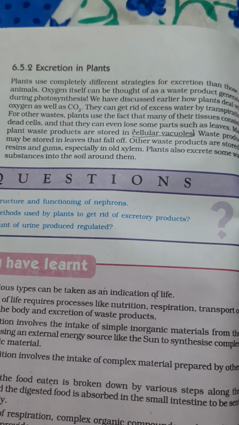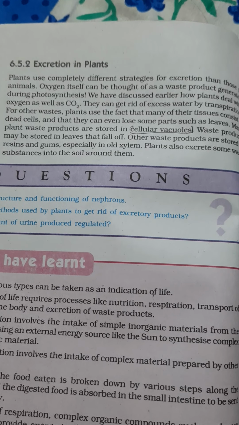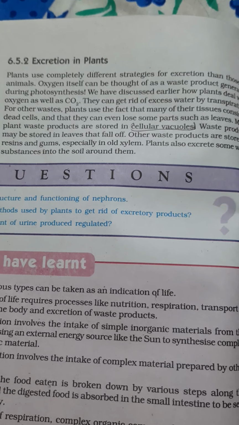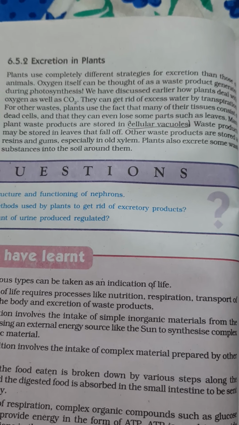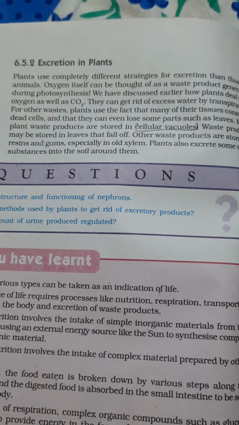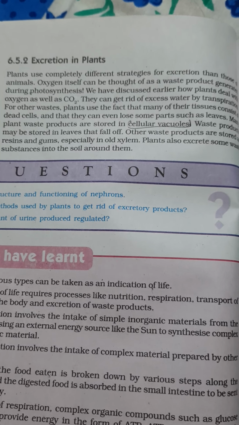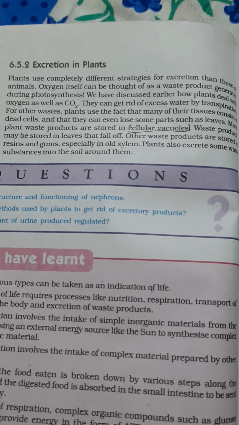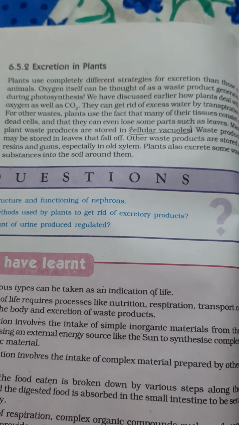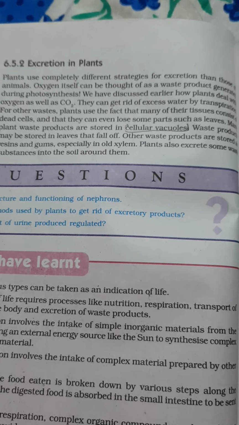Hence, when the leaves fall off, the waste is also eliminated. And I think most of us have observed resins and gums falling out of the trees. They get accumulated in the bark of the trees.